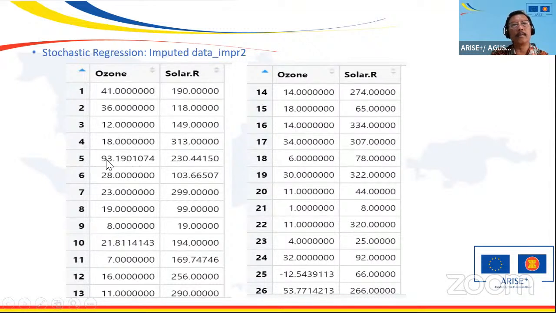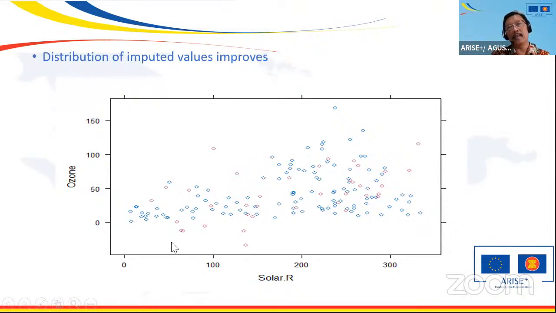We got a different estimate. Of course, you will not be doing this, checking one by one like this. You will see later the summary, so this is just an illustration. Here, if you can see, the red is the imputed value, which can go representing more or less the observed value. It's not a straight line anymore.